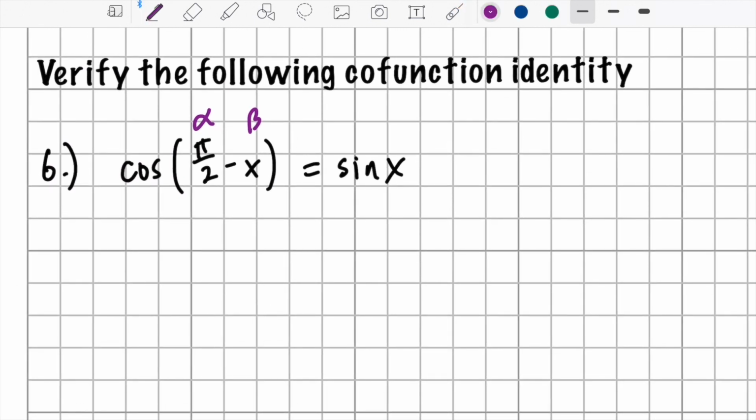So we'll start with the left side. It'll be cosine of pi over 2 times cosine of x plus sine of pi over 2 times sine of x.